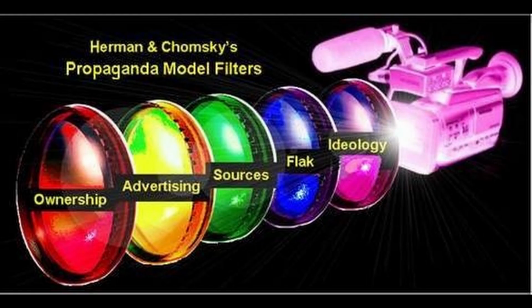In the first chapter, you are introduced to the propaganda model. And what is the propaganda model? Well, it's basically this book's theory of how the media is controlled by the government and large corporations. The propaganda model is broken down into 5 filters, which I will try to go over briefly now.